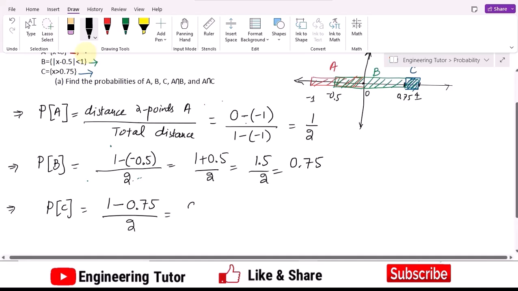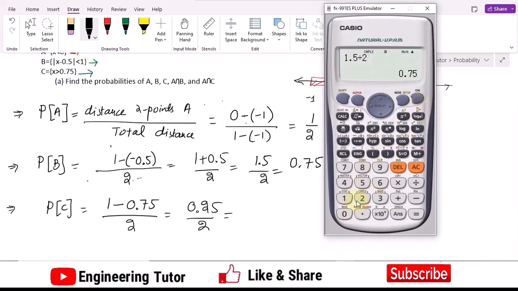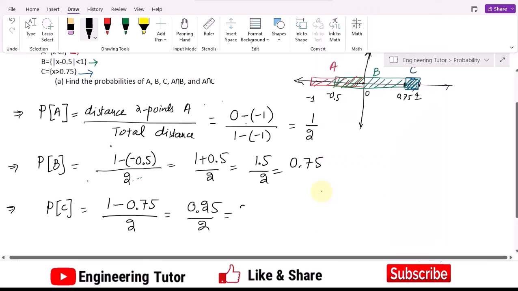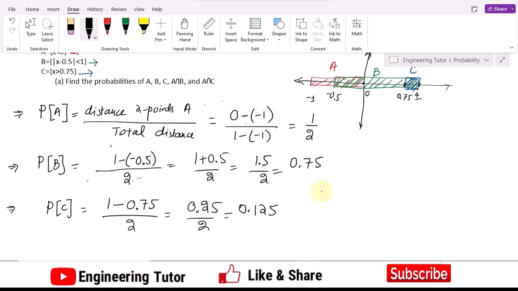So here I will have 0.25 divided by 2, which will be 1 by 8, or 0.125. So these are basically the probabilities of A, B and C.